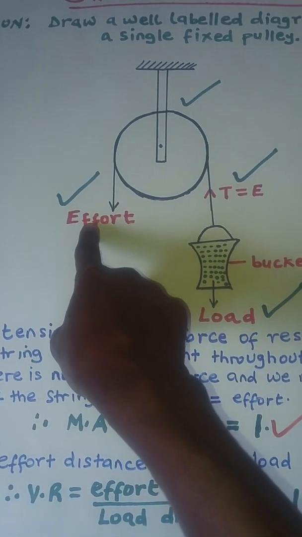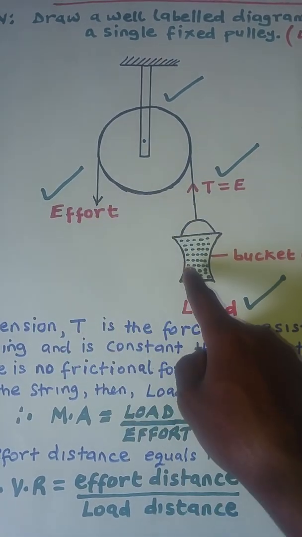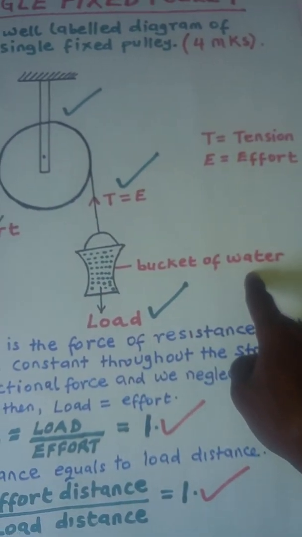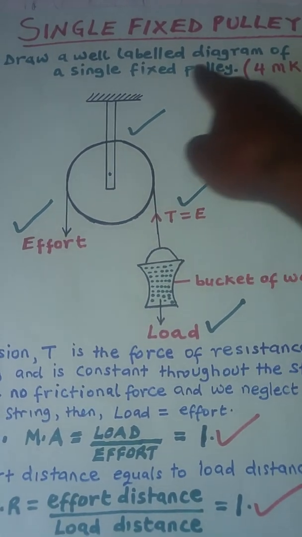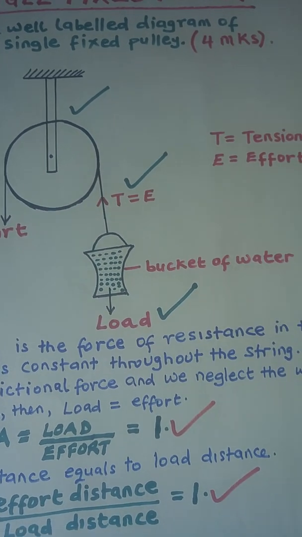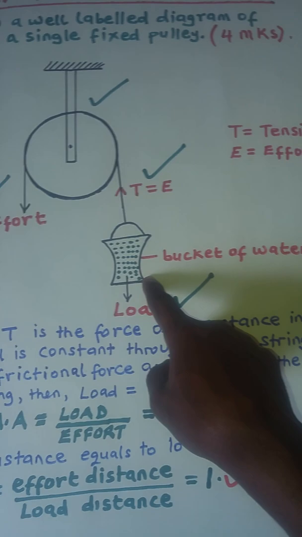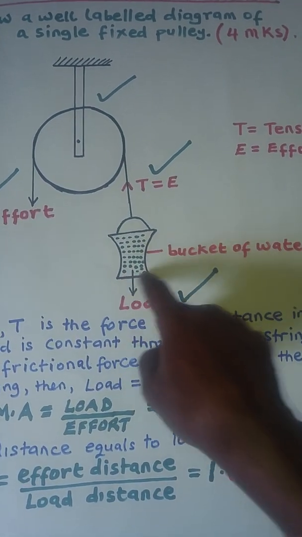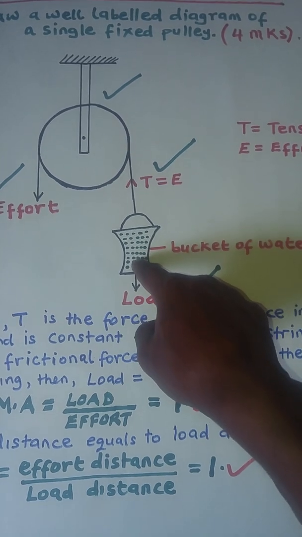One side is where you apply the effort. Then the load is somewhere here. The load could be a bucket of water. By the way, one of the uses of a single fixed pulley is for drawing water from a well. So if this is your bucket full of water, this is now your load. The weight of this water and the bucket, they are moving downwards.